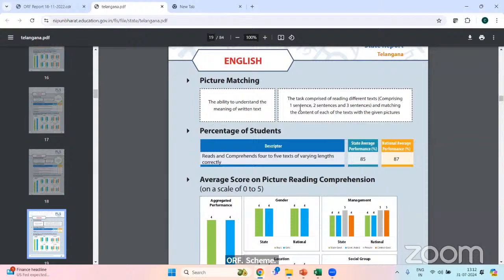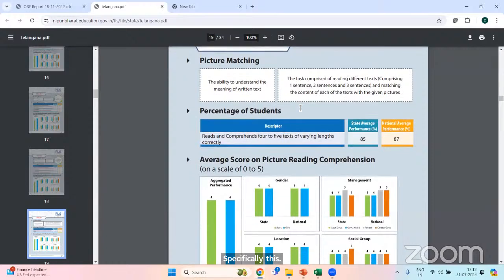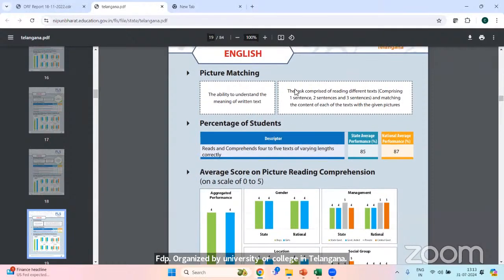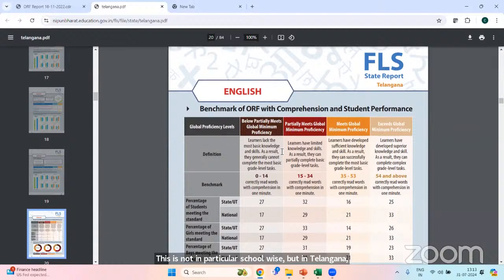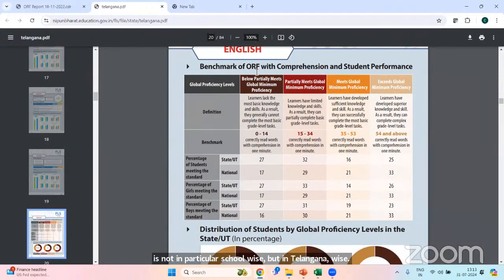Specifically, this FDP is organized by a university or college in Telangana, so I wanted to show you especially Telangana. This is not school wise, but Telangana wise. The benchmark for the ORF for the entire state is around 0 to 14.